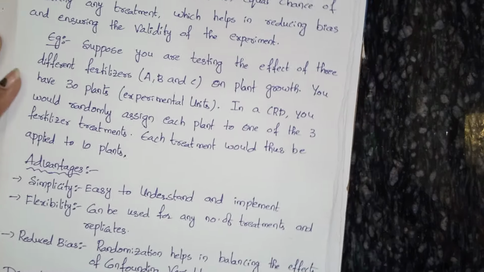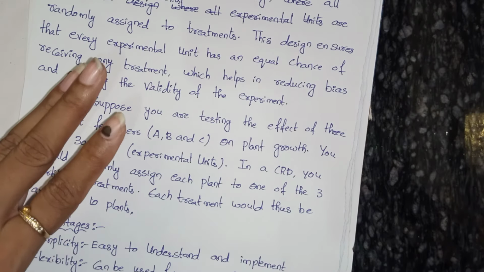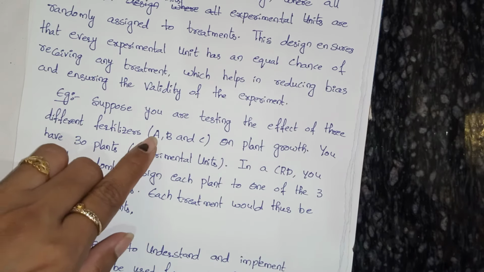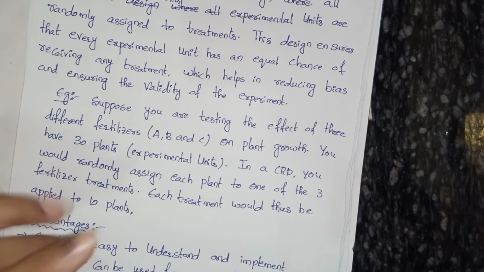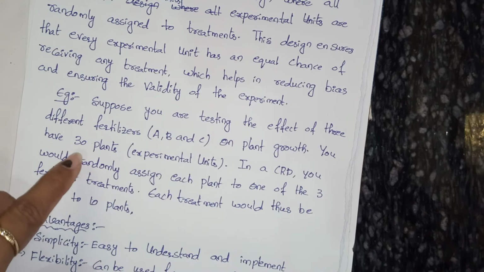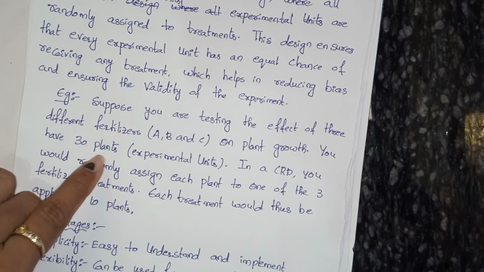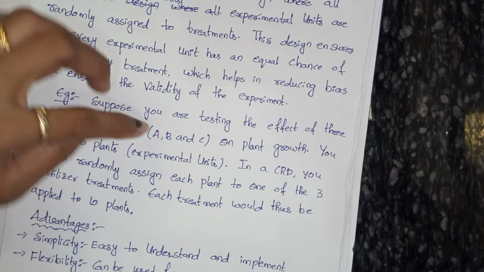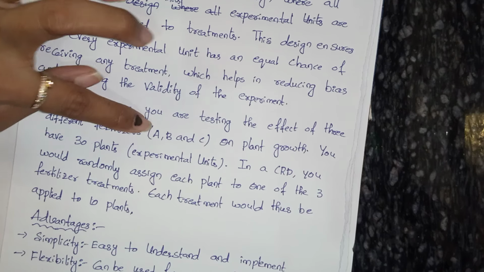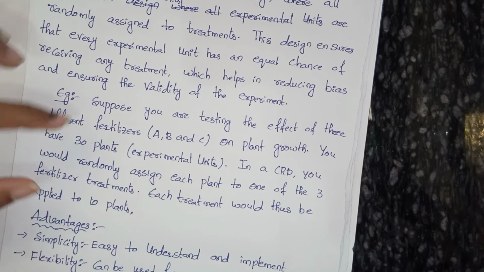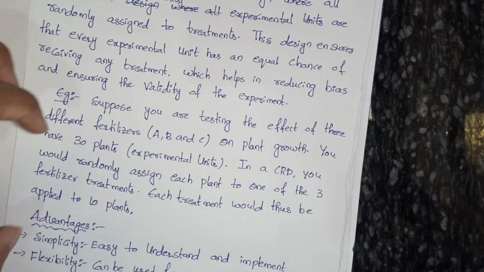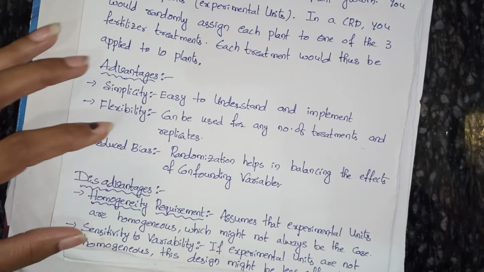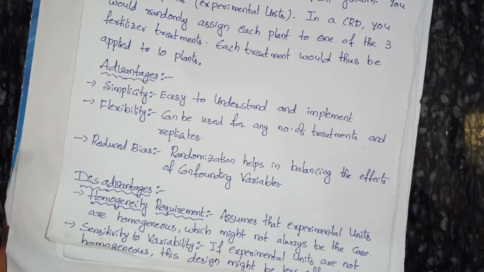In the above example, A, B, C are the treatments and 30 plants are the experimental units. Each treatment receives 10 plants, as we discussed. That means homogeneity is maintained. We compulsorily have to maintain homogeneity. If homogeneity is not there, CRD is not applicable.